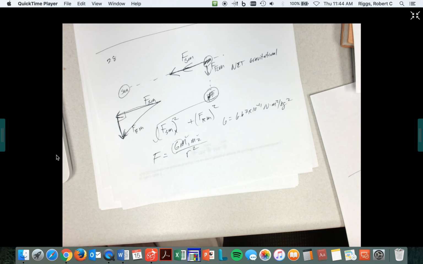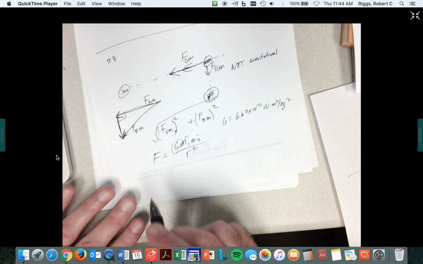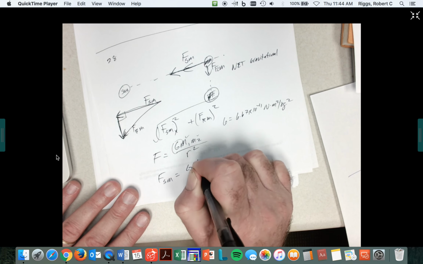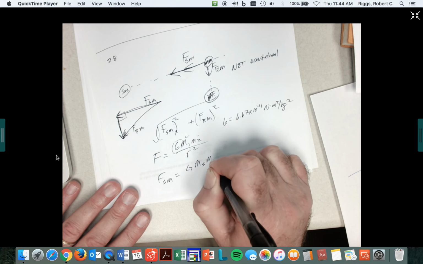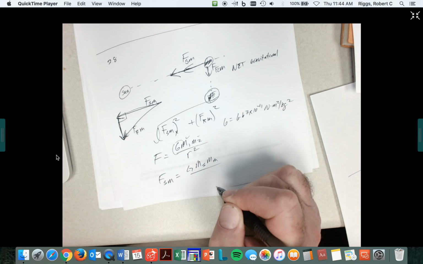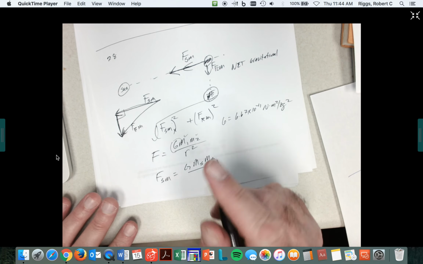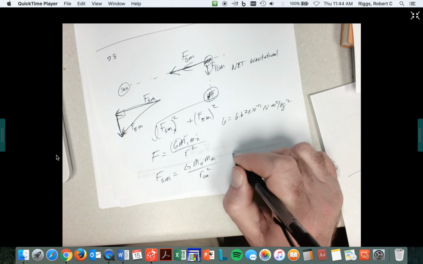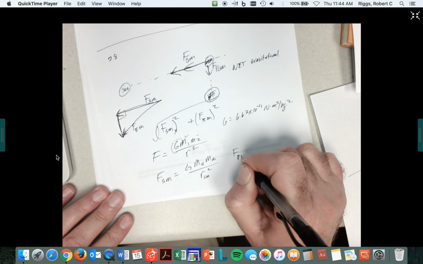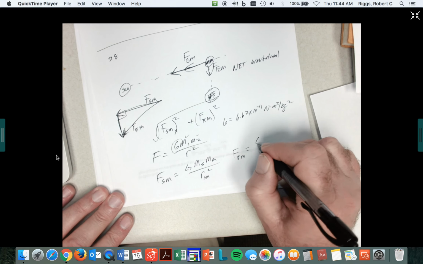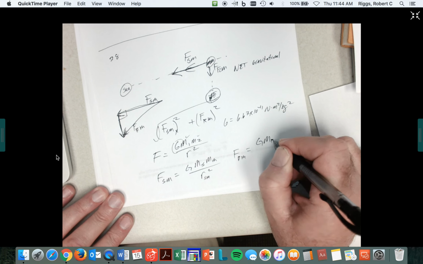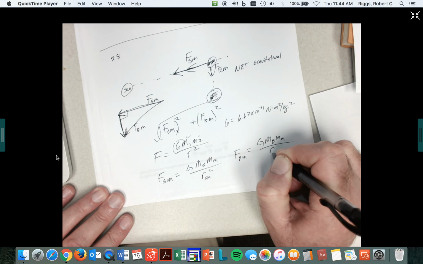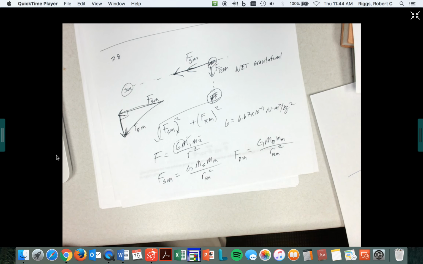All right. So when you're figuring F_SM, it's G times the mass of the sun times the mass of the moon, all of this is in the appendix of your book, over the distance R_SM squared. And then the force between the Earth and the moon is equal to G times the mass of the Earth times the mass of the moon, divided by R_EM squared. All right?